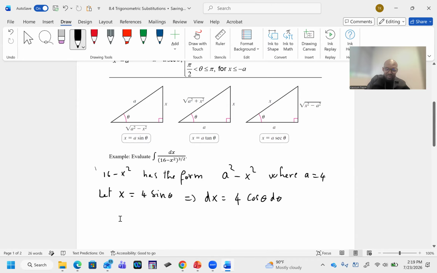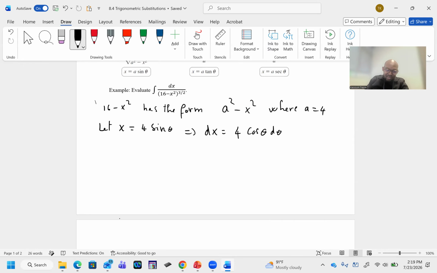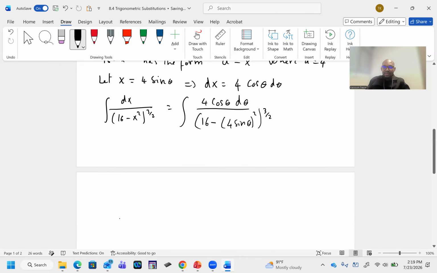So again, I'm going to do that substitution here. That means my integral of dx over 16 minus x squared to the power of 3 over 2 would be written as the integral of 4 cosine theta d theta divided by 16 minus x squared, which is 4 sine theta squared, to the power of 3 over 2, right?